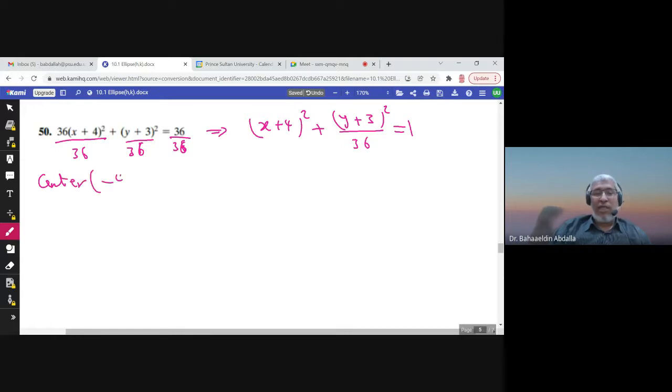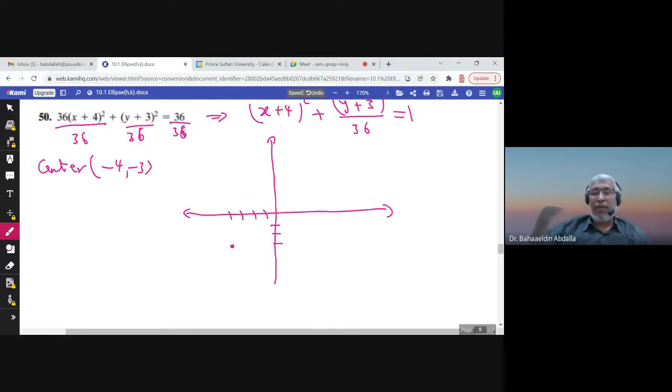I need the center. The center is negative 4 and negative 3. This is the center. 1 unit to the right, 1 unit up, because below x I have 1.